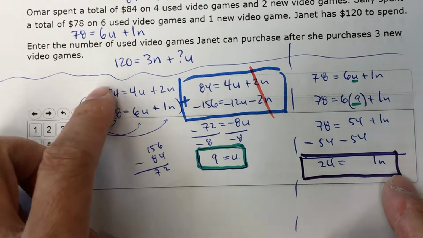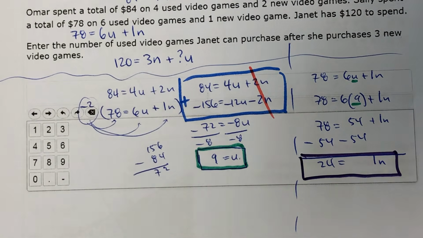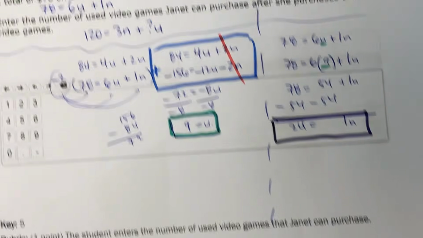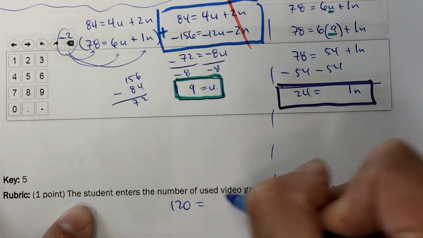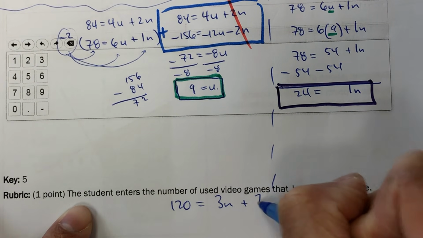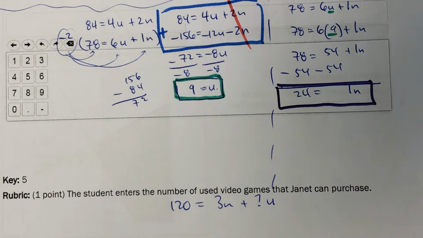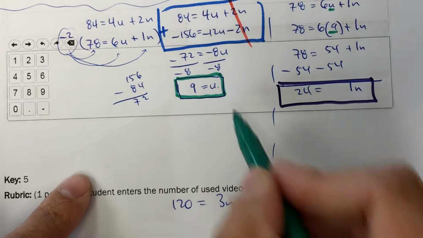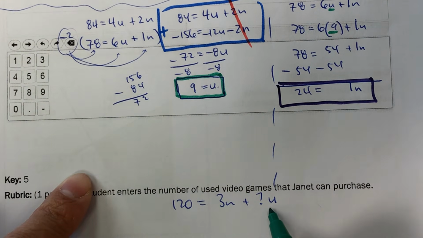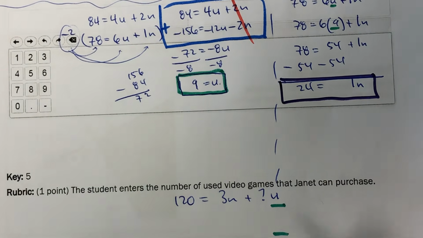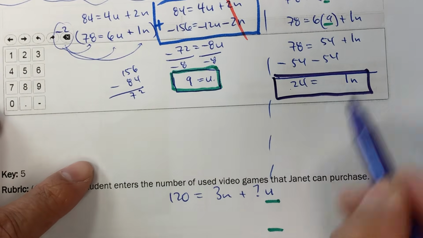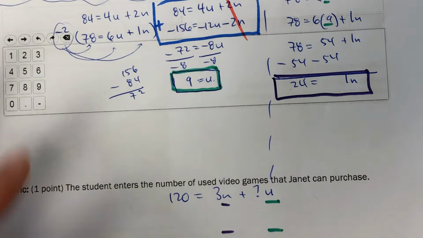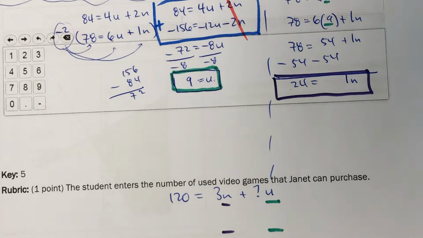Okay, so now we can go back to Janet's. Let's go to Janet's. 120 equals 3N plus, not sure how much used games she can buy. So if a used game costs 9, I'm going to put a 9 here. And an N value gets 24.